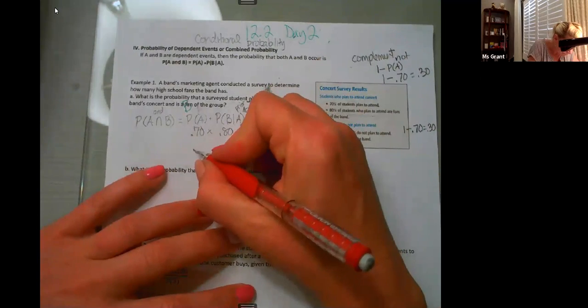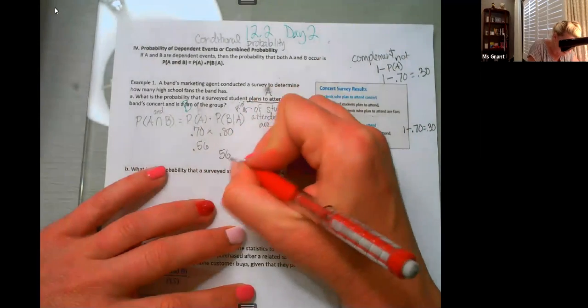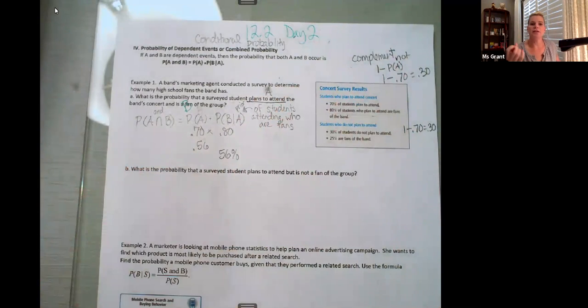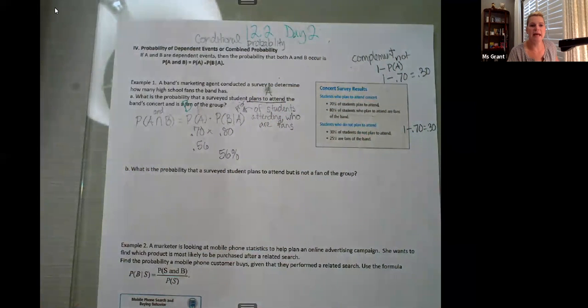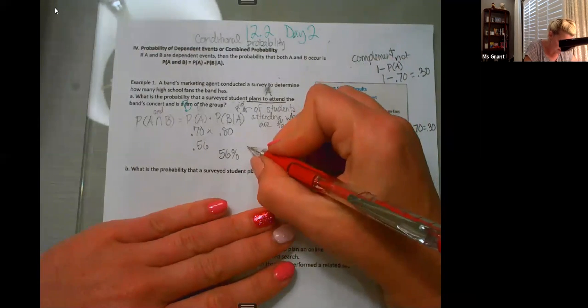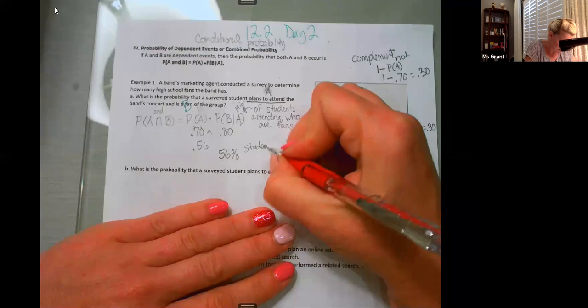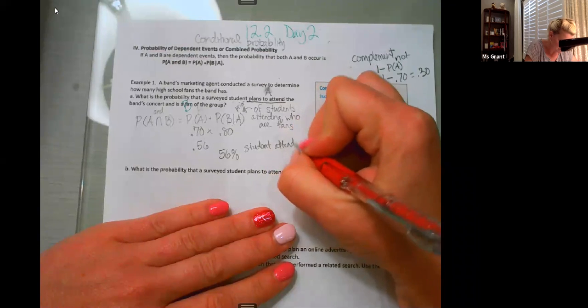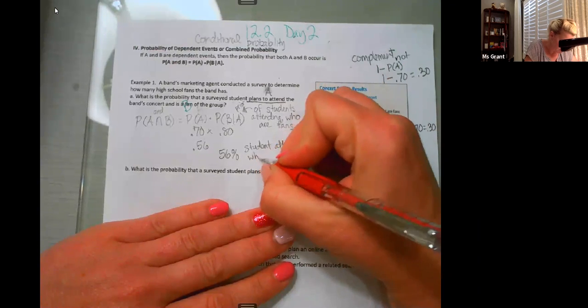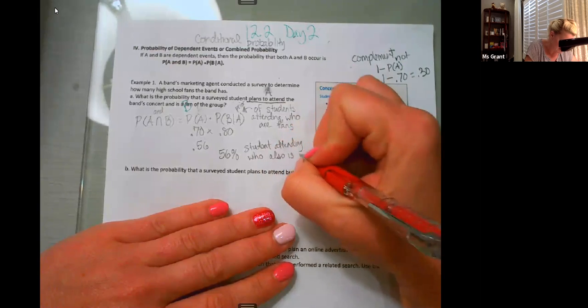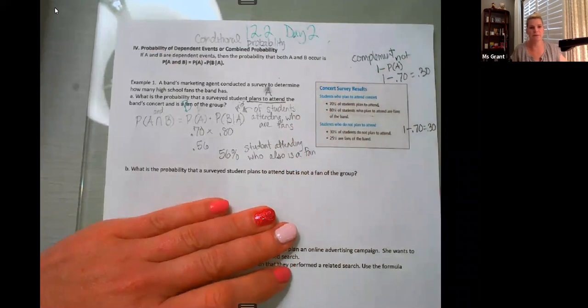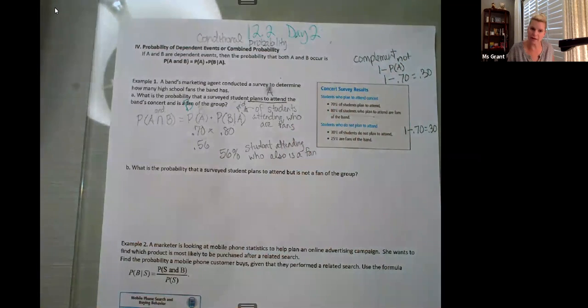You're right. So 56% of the students plan to attend and are a fan of the group. This is a student going, attending, who also is a fan, 56%. Probability 0.56. If you want it in percentage form, 56%.